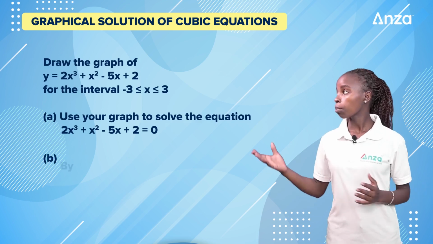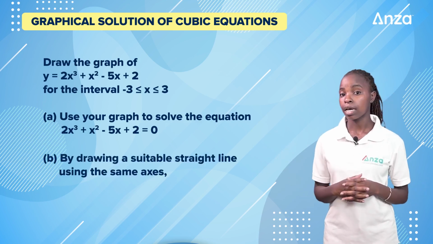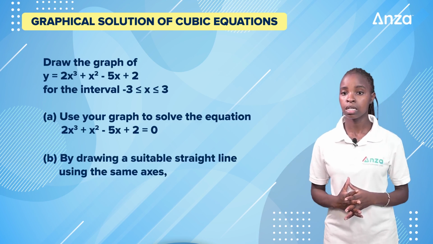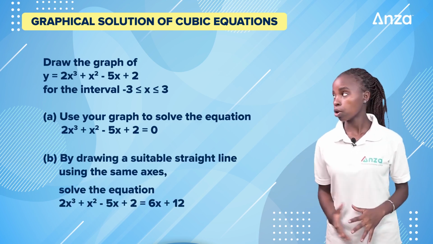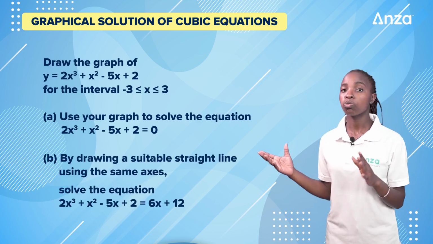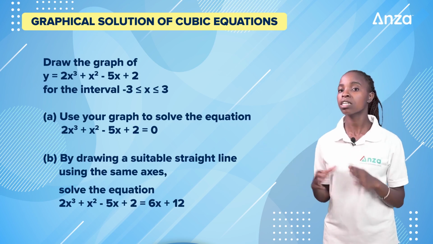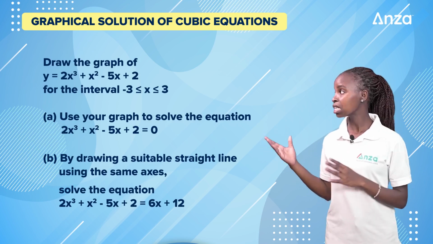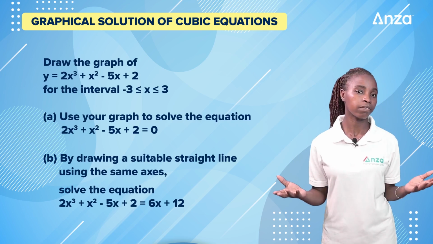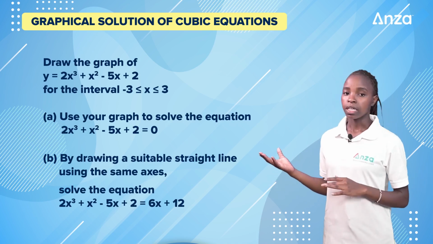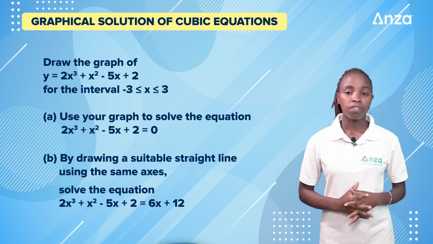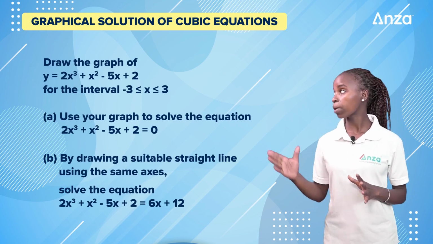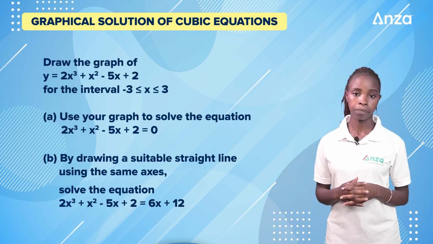And also, by drawing a suitable straight line using the same axis, solve the equation 2x cubed plus x squared minus 5x plus 2 is equal to 6x plus 12. In solving this, we are told to use the values of x from -3 to +3.